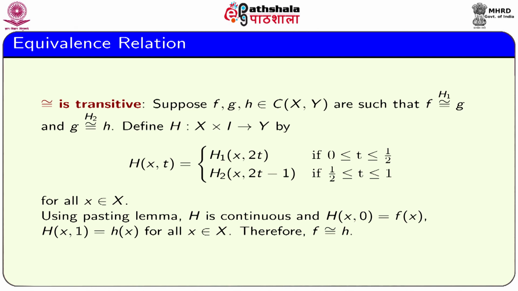Then using the pasting lemma, since h1 and h2 both are continuous in the closed intervals [0, half] and [half, 1] respectively, and at the point t equal to half, h1(x,2t) and h2(x,2t minus 1) share the same value.